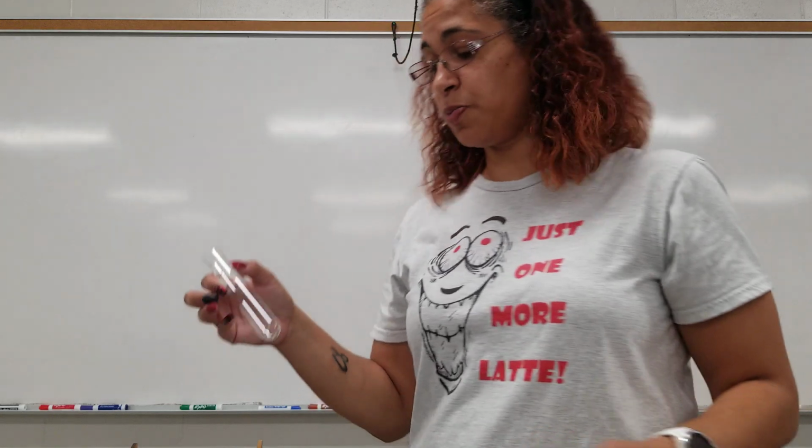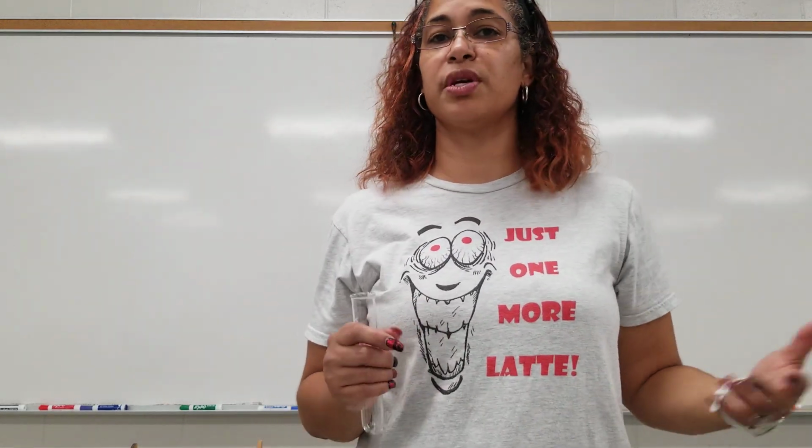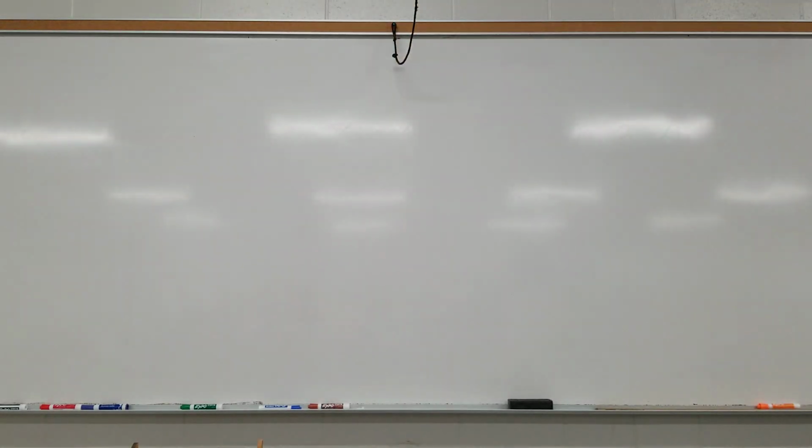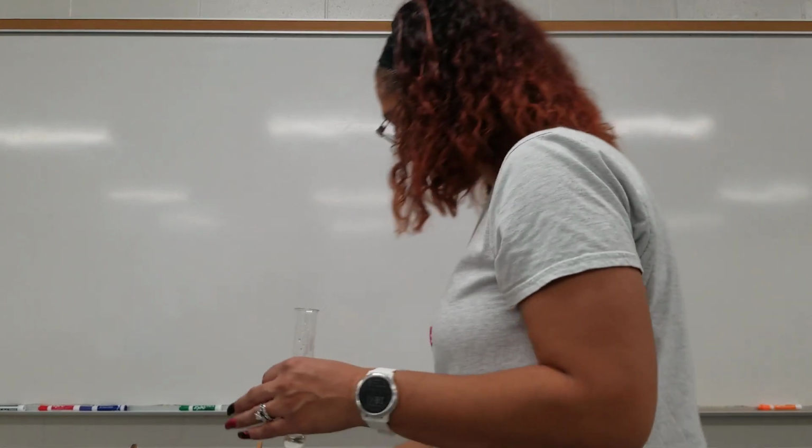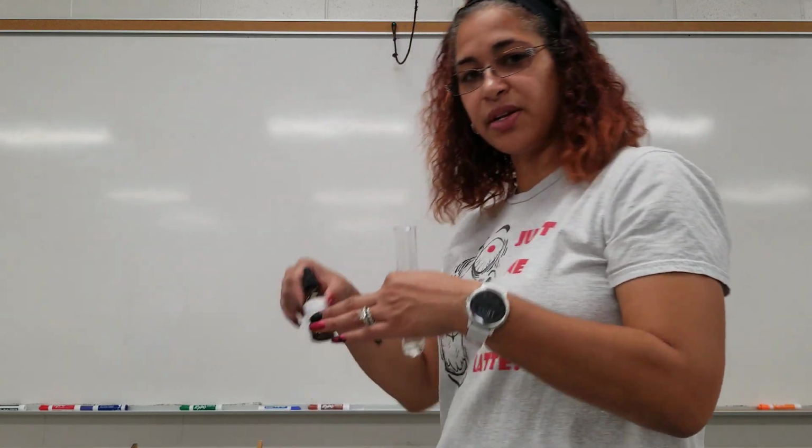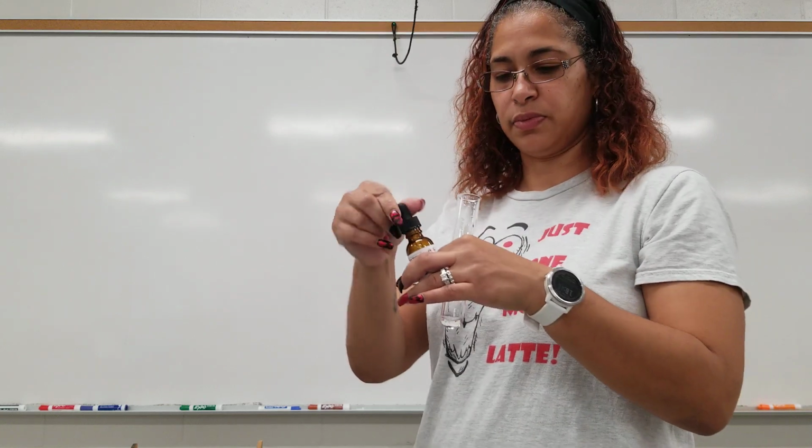So in our next experiment, we're going to use silver nitrate and sodium hydroxide. What we're going to look at in this case is the formation of a precipitate. I'm going to add just a little bit of water here, and then I'm going to add some silver nitrate to this test tube.